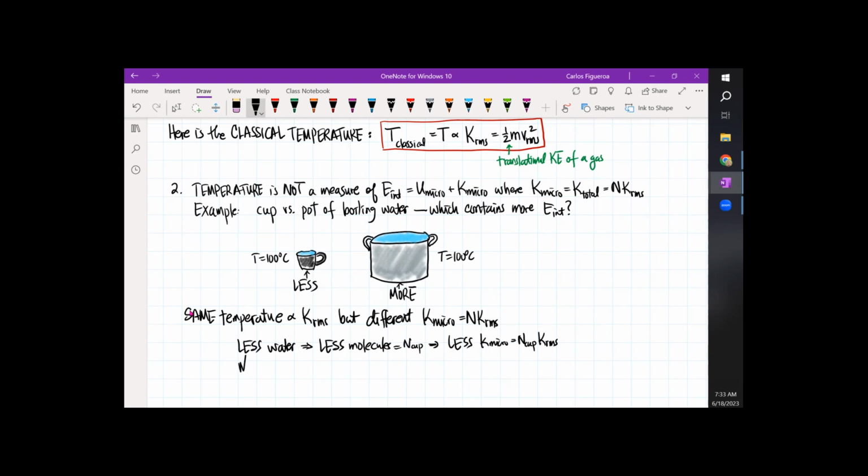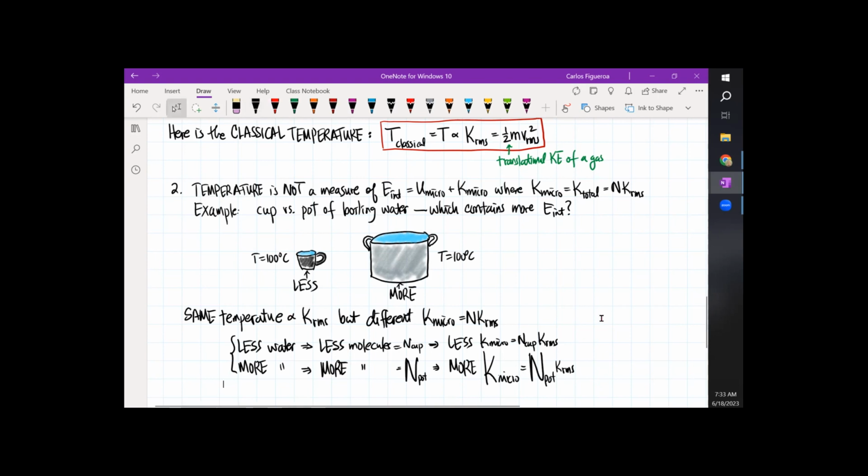But if I have more water, then I'm going to have more molecules. So then if I look at the pot, I have a much bigger N value. So therefore, I'm going to have more K micro, which of course is bigger because of the number of molecules.